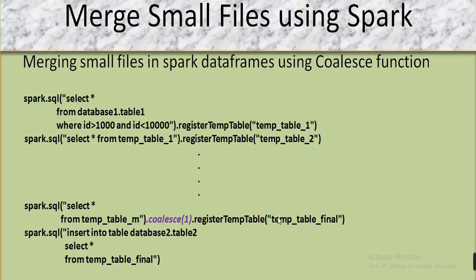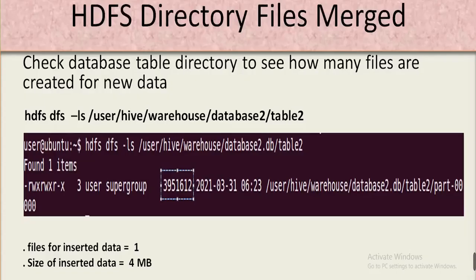Then at the time of writing the data into your final table, it makes sure that in the previous step, when you prepare the temp table final, you write all the data into a single file or single partition, and that temp table final is getting written into the final table. So ultimately it writes only one file.